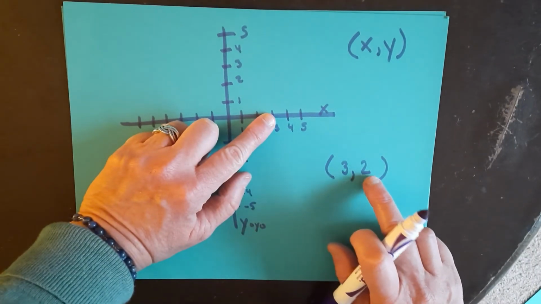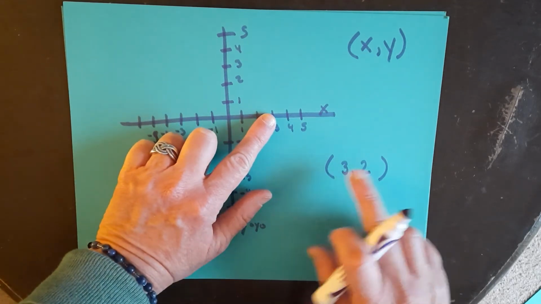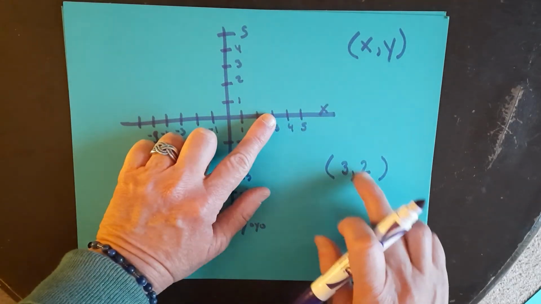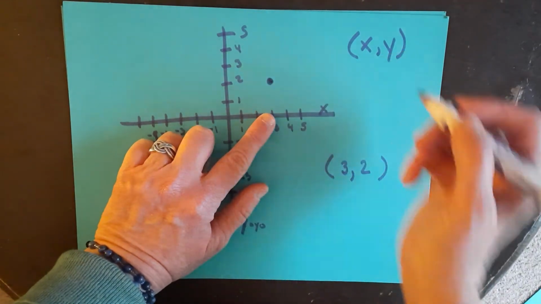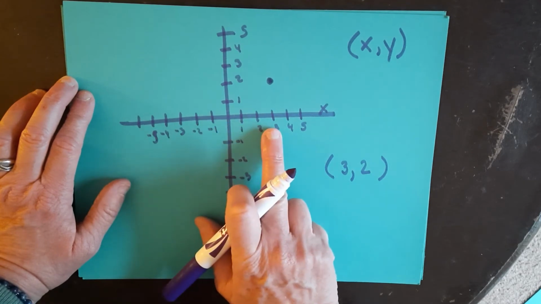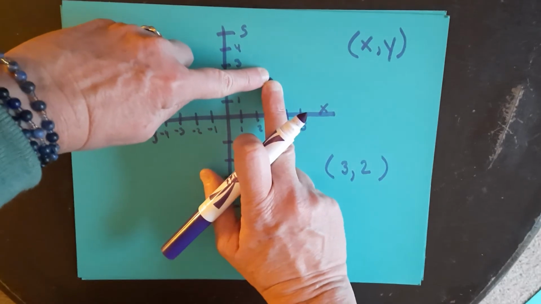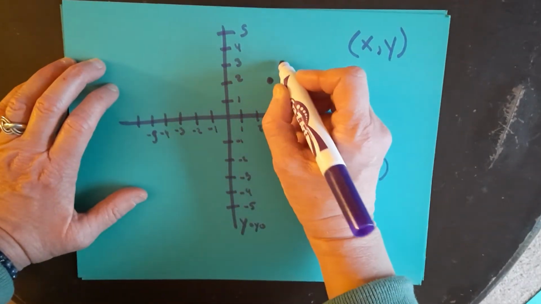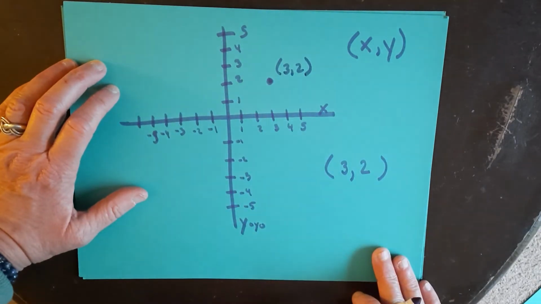Now we have a positive 2. So to find out where this ordered pair is, we need to go up 2. So we would move 1, 2 from there. And then we would plot the point that is 3 to the positive on the x-axis and 2 to the positive on the y-axis. We'll see where those two meet, and it's approximately right there. So that is how you would plot the ordered pair (3, 2).